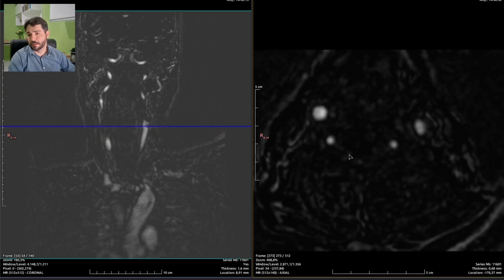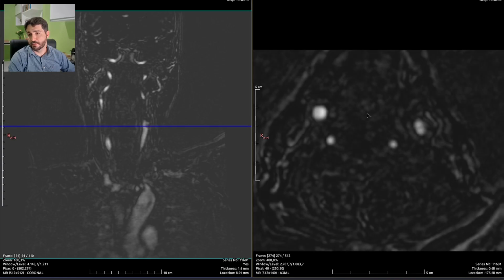We can do a direct measurement to classify this stenosis. 1.1. This is a CT scan, so this isn't the best way to do it, but we can say that this is above 50% and below 70%.